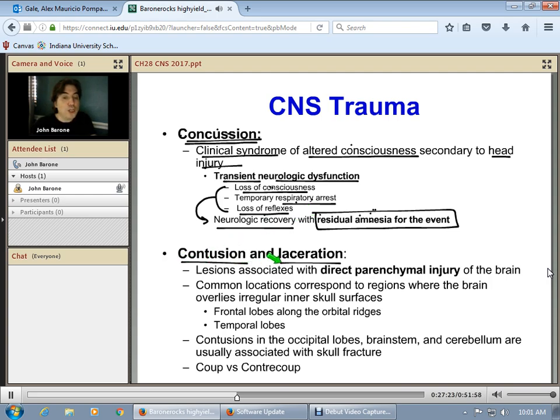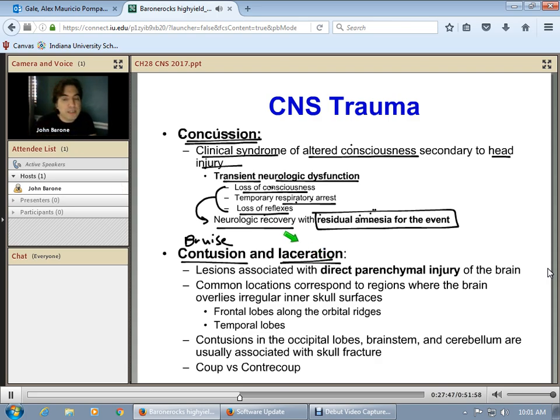Now let's talk about a contusion and laceration. What's a contusion? A bruise. So a little bit of bleeding into the tissue. What's a laceration? Well, it could be a direct penetrating thing like a gunshot or a knife going through, but more likely it's from the brain twisting and pulling and tearing vessels that you get a bleed.